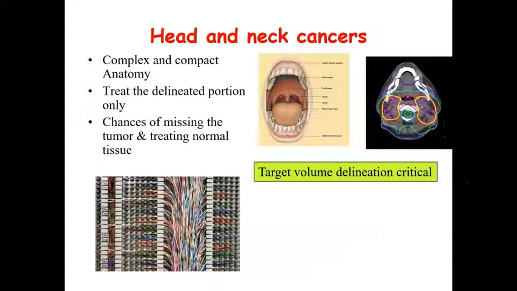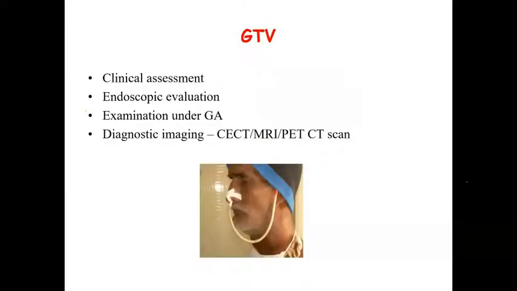All structures are lying in a very compact fashion in this small region, and so to treat a tumor here is always a very challenging task, because the tumor needs to be adequately treated, and at the same time you need to take care of some very radiosensitive neighboring structures and not give them radiation as far as you can help it. So the target volume delineation becomes very critical in this site and in each case that you plan.